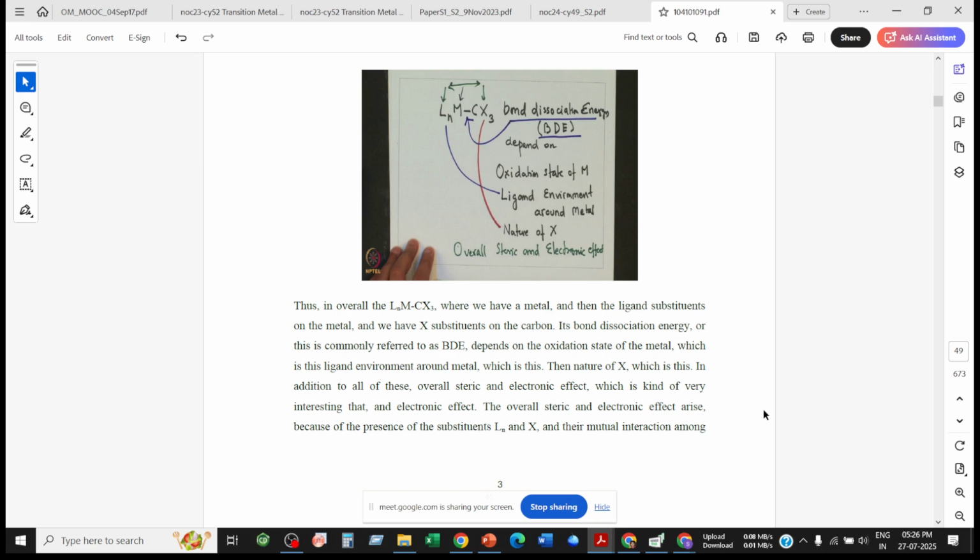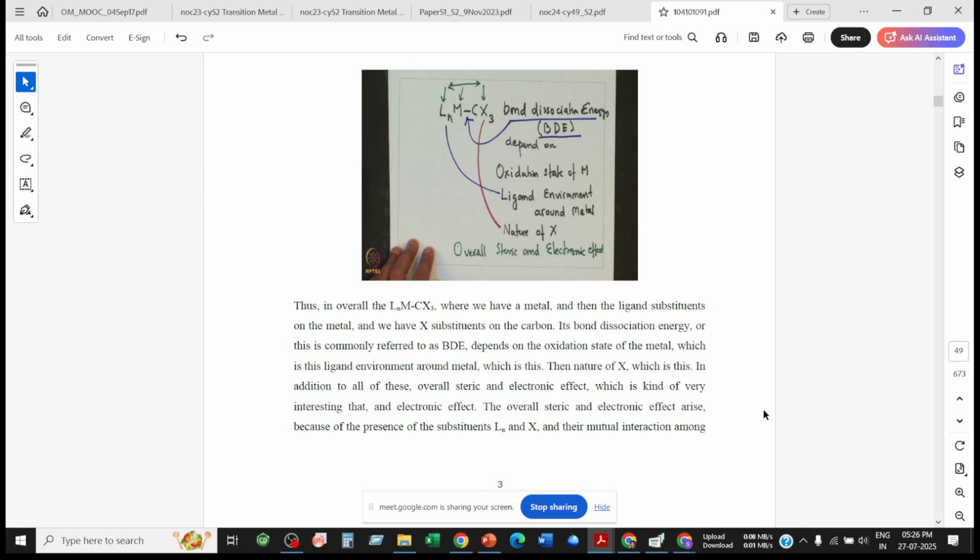Lectures 4 and 5 explain a general idea about the bond dissociation energy, meaning the energy required to break the metal carbon bond only, not the metal with other ligands or other bonds.